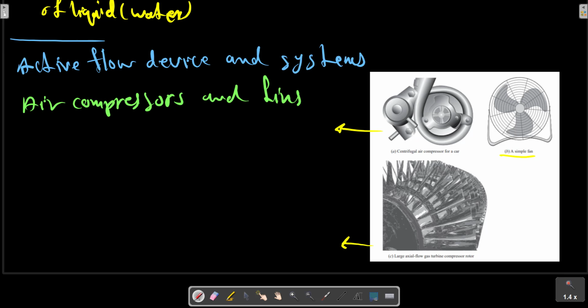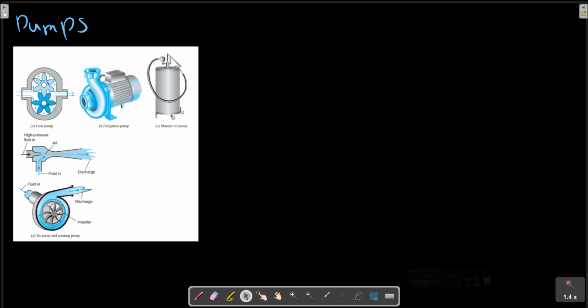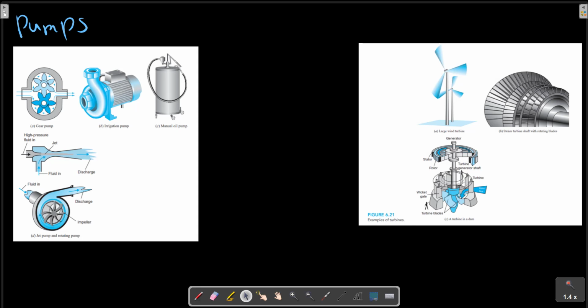As engineering applications, different types of liquid pumps are shown in this picture as active devices. Different types of turbines are also shown.